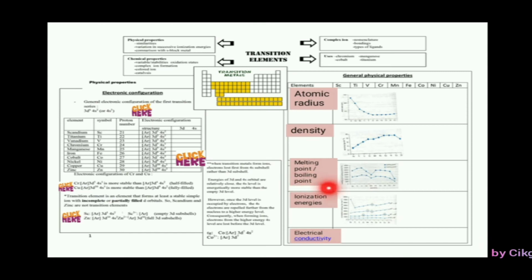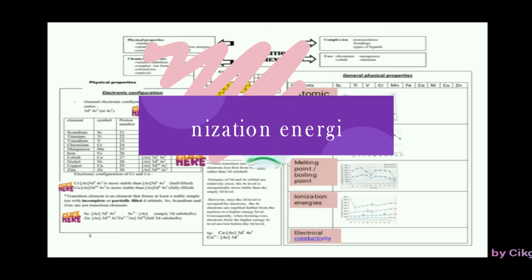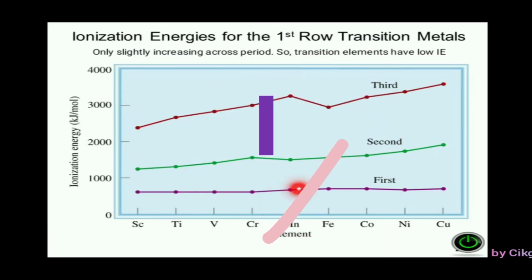Next physical property is ionization energy. For ionization, here are the first, second, and third ionization energies for the first-row transition metals. You can see that it only slightly increases across the period.